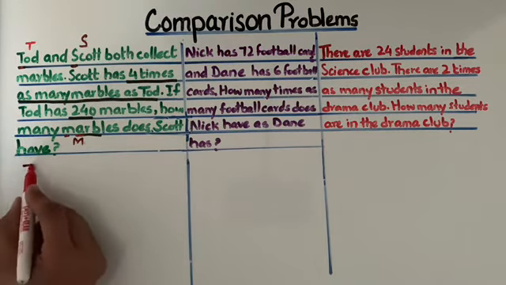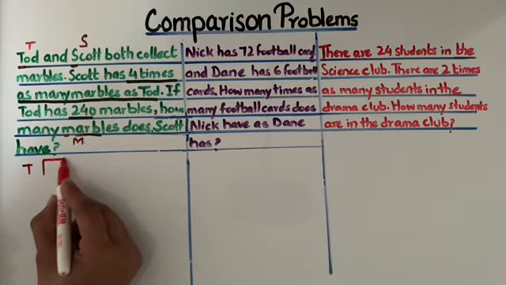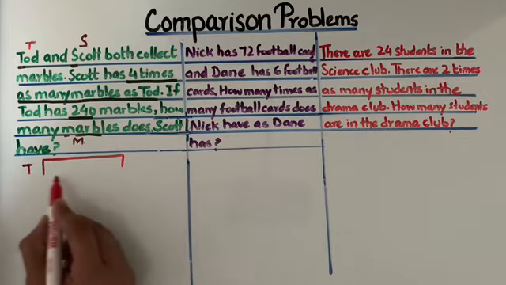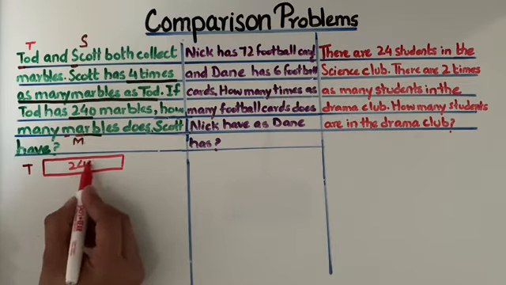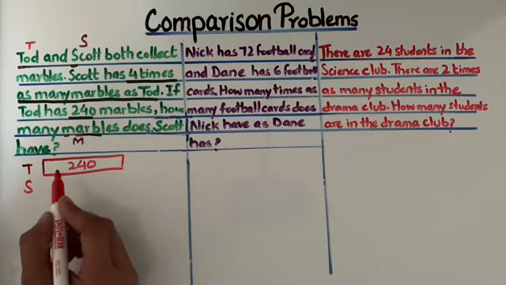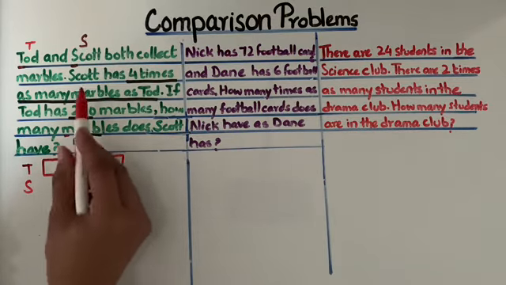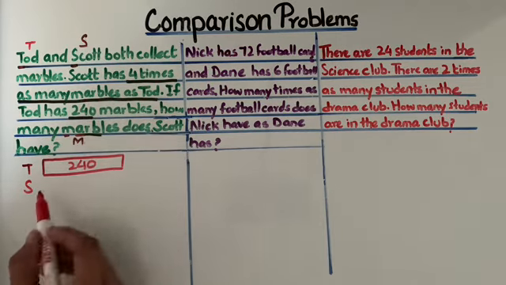I know Todd has 240 marbles. So the first comparison bar is for Todd, which shows that he has 240 marbles. Now comes the turn of Scott. Scott has 4 times as many marbles as Todd.